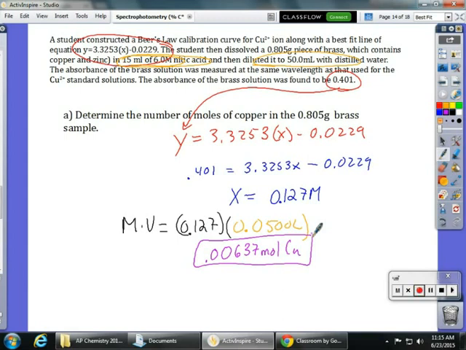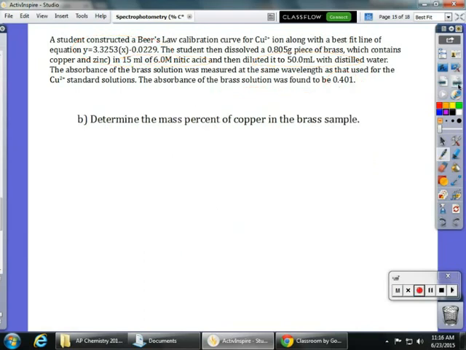You'll notice in the prompt we were only given 3 sig figs here for the absorbance. So when I put that into our best fit line, we're left with 3 sig figs for concentration. We have 3 for the volume, which leaves us with 3 for our final answer. So you'd want to report that with 3 significant figures, 0.00637.